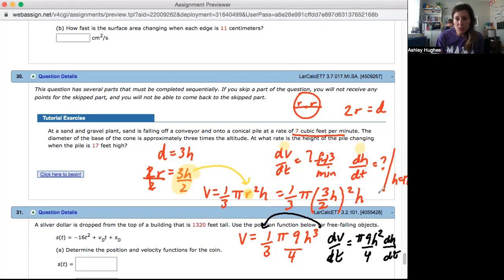At this point, you can just plug in your values. So we know h is 17, so you're going to plug in 17 there, and dV/dt is 7. So we're going to get 7 equals pi/4 times 9 times 17 squared dh/dt.